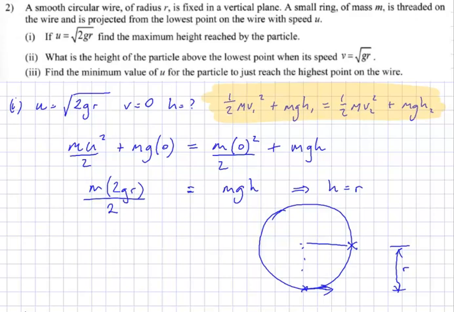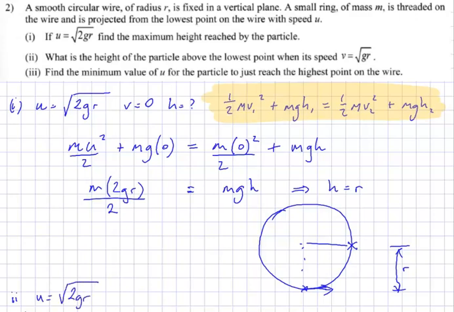Next part is: what is the height of the particle above the lowest point when its speed is v equals root gr? So let's be careful here. We're just talking about the same movement, okay? And so u is still the square root of 2gr.